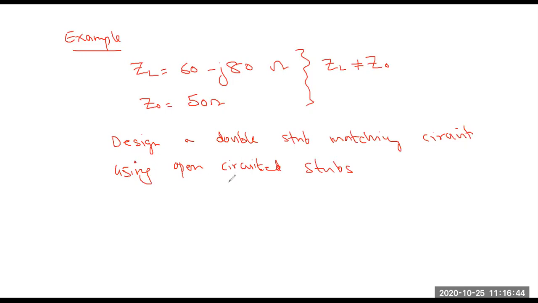So our limitation is that we have to use open circuited stubs. But even if I change this problem and ask you to design a double stub using short circuited stubs, you can also do that, and we will discuss that point as well.